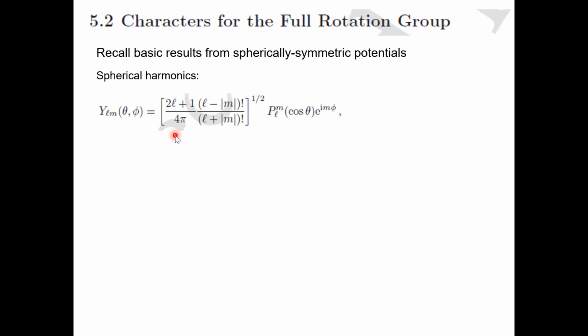If you know these are the solutions, then we can use the results that we have obtained in the previous chapter, and we can already understand these angular dependent functions, the angular part of the wave functions, as the basis functions for describing the full rotation group, using the results regarding the relationship between group theory and quantum mechanics.